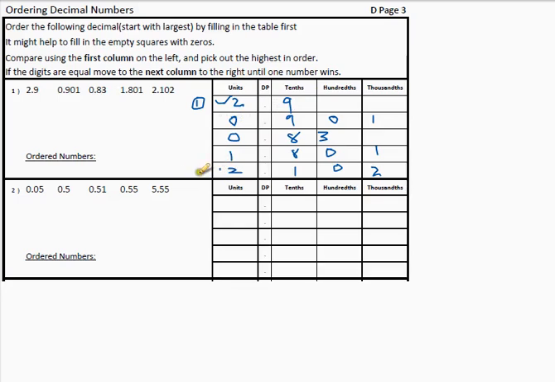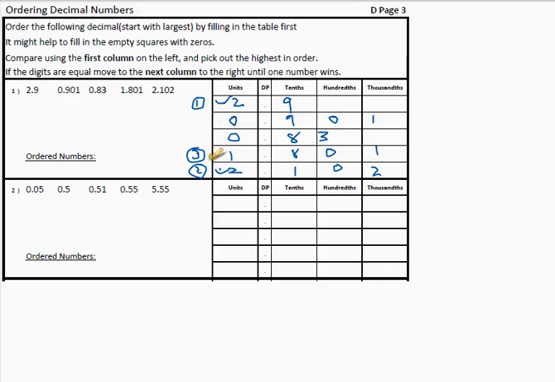So this one will obviously be second, because it's the highest one left in the first column. Now, what is the highest one after that? That one's done. It's the 1. A 1 is bigger than a 0. In other words, this one is the third one, and it doesn't matter what's after, the 1 is greater.